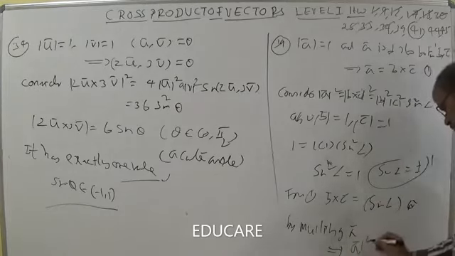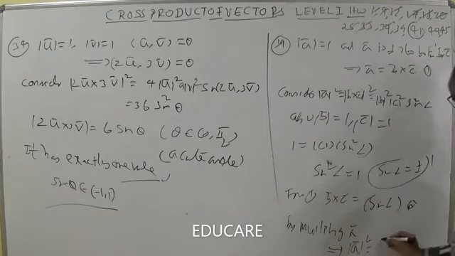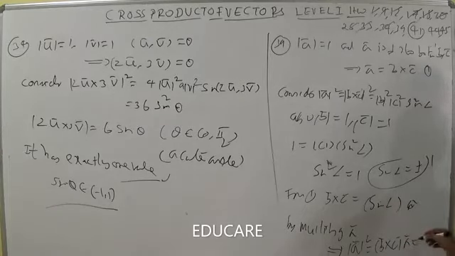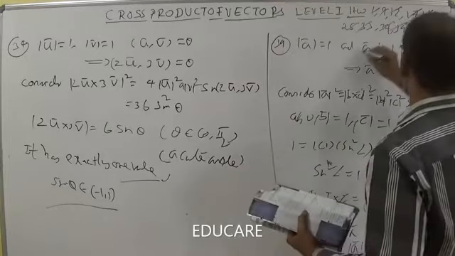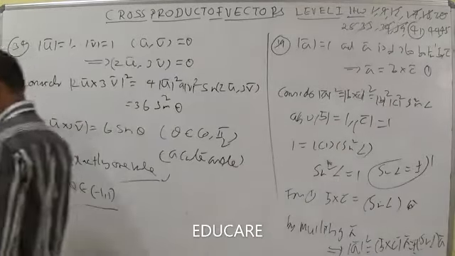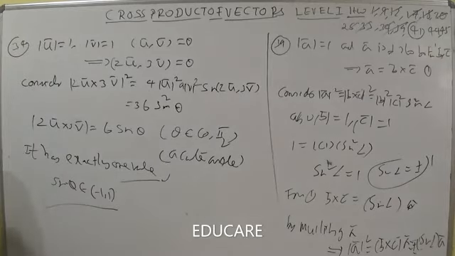Mod A square is equal to B cross C into mod A bar, simply A bar. So you can write here the value we got, plus or minus sin alpha into A bar. The 39th question is completed. Let us discuss the 41st question.